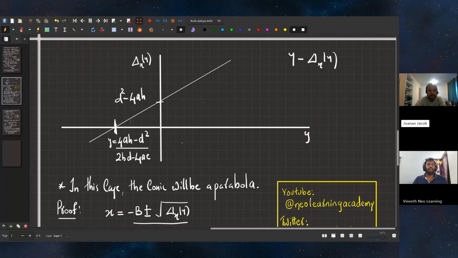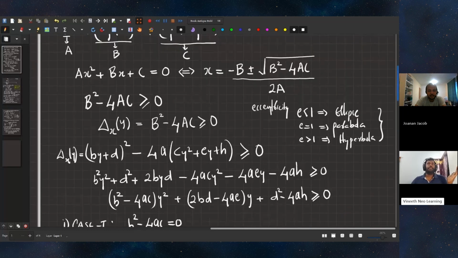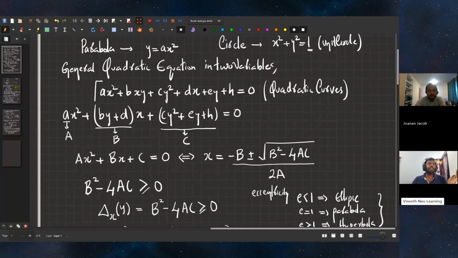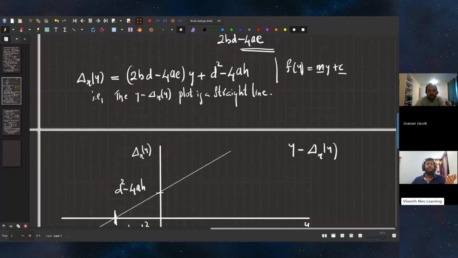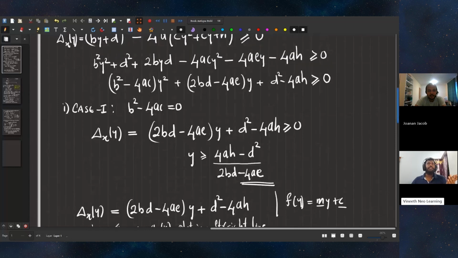That's what we are going to study today: what is happening in the XY plane, the plane in which this polynomial is plotted. This is a plot of the discriminant and y, meaning a plot of this inequality. This is the discriminant, and this is the variable y.